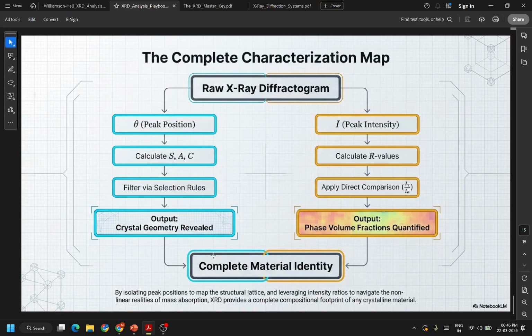From peak intensity, once you have structured data, you can calculate your R by comparing with your standard values, and then you compare your intensities. That way you can quantify your phase volume fractions, and this gives us your complete material identity.